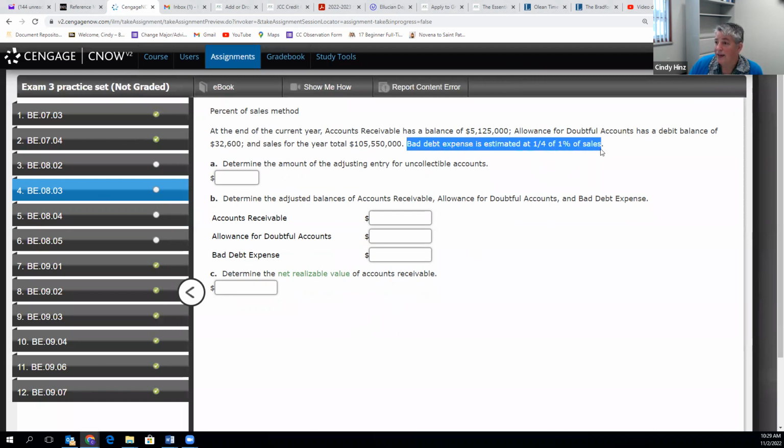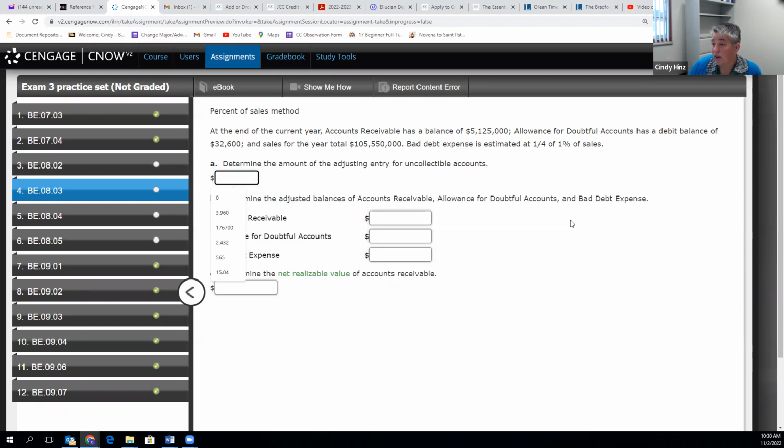So here, bad debt expense is 1/4 of 1% of sales. So we would just take that 1/4 of 1%, multiply by the sales to determine how much we need to put into that uncollectible accounts allowance. Then we can find the ending balance for the allowance by taking what we already had in there and comparing it to the journal entry.